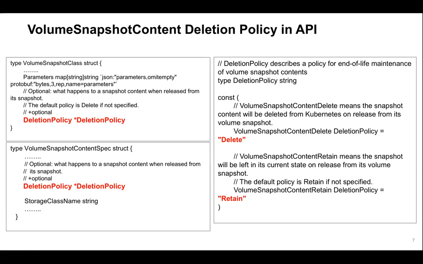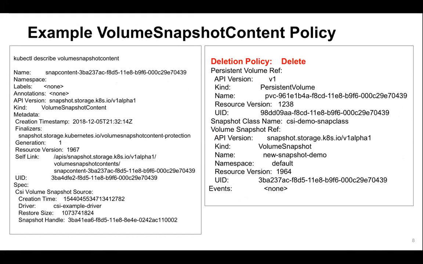The snapshot controller checks this field and decides what to do with this content, whether to delete it right away or leave it alone, and then the admin can decide what to do with it if the policy is retain. This is the details of a volume snapshot content, where the deletion policy is delete.